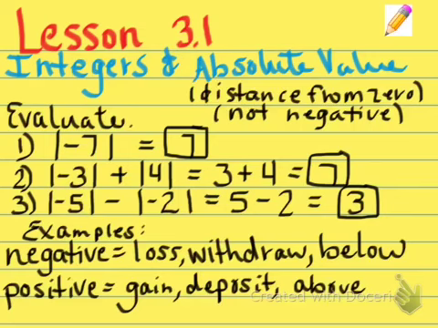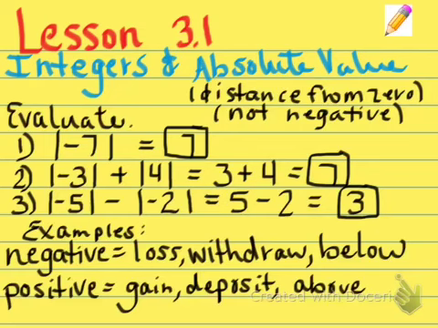Alright, some other examples of just some words that you may run across that represent things being a negative. A loss, like a loss in yards for football. Withdraw, like you withdraw money from your checking account. Or when you're talking about temperatures below 0 or elevations being below sea level.